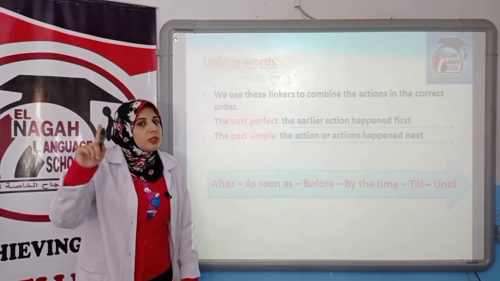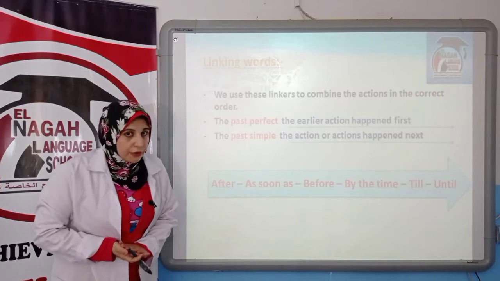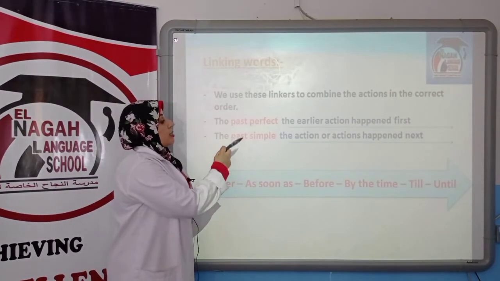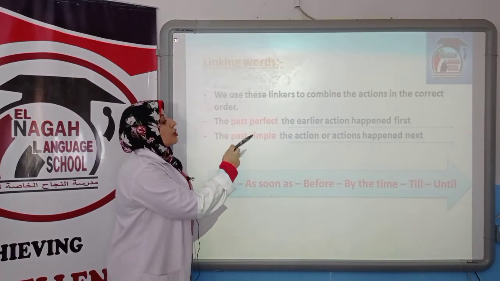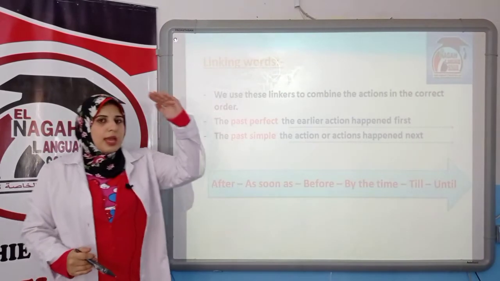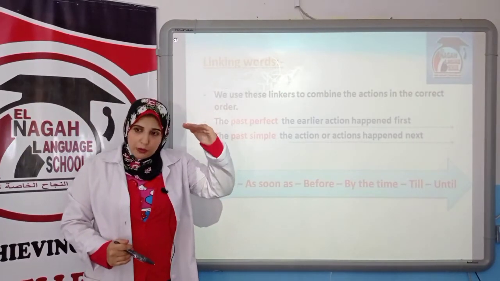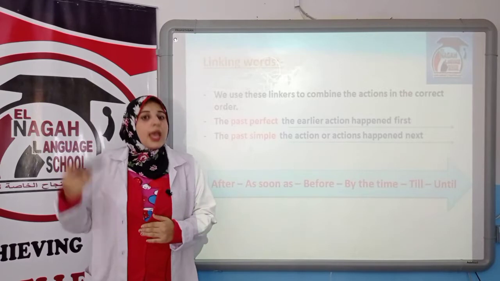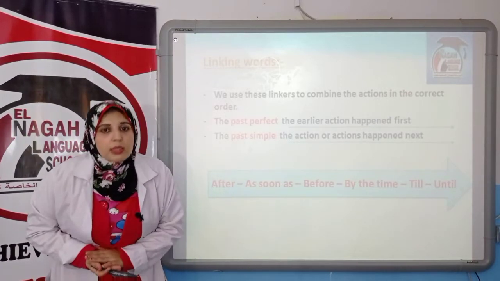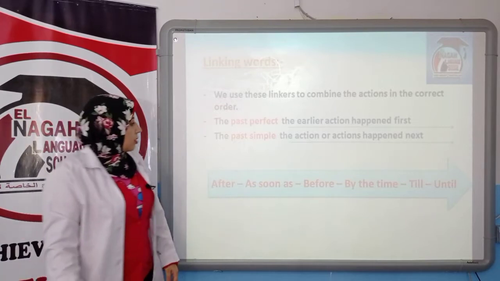The past simple is used with the action that happened next. The first action takes past perfect because it is the oldest, and the second action uses the past simple.